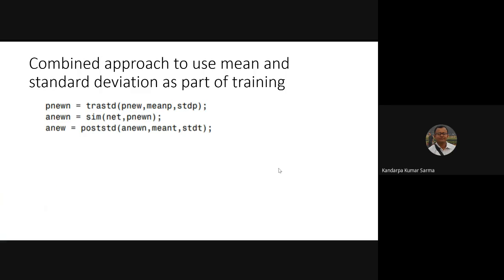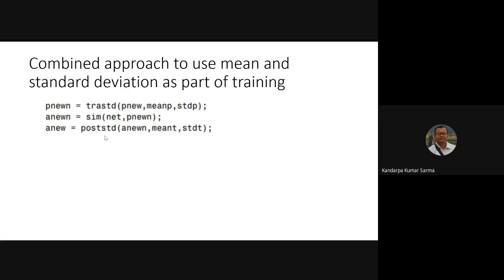Similarly, we can use both mean and standard deviation as part of the training. So here the train and TRA STD, P new, min P, and the STDP, they are used to generate a new form of the pattern. So it will be used with the train network to generate the response with mean and standard deviation considered as part of the training. Then once we do that, we have that particular response.